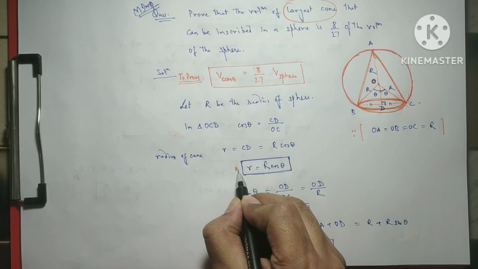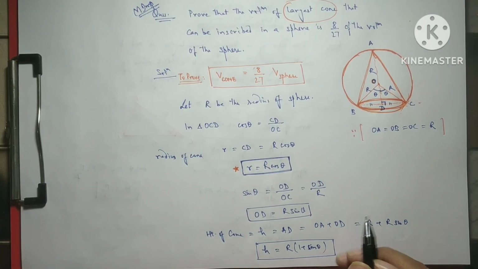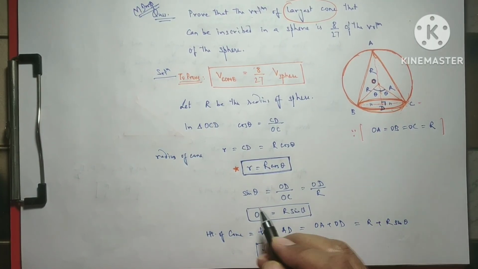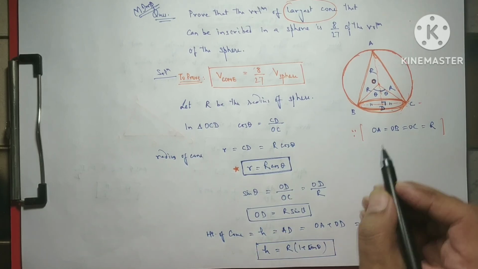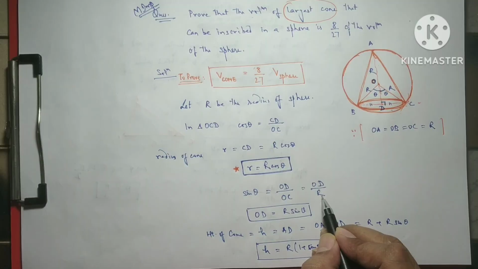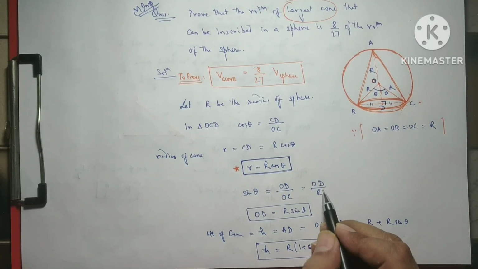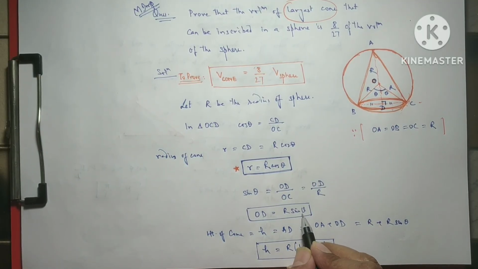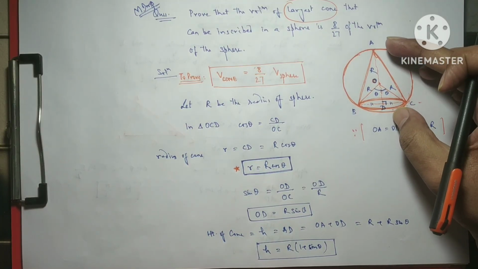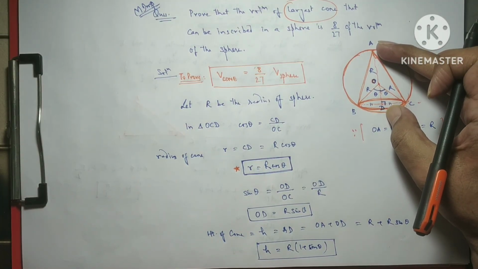So first we have one parameter of the cone, that is its radius. Now we go for sin theta. So sin theta is perpendicular over hypotenuse, so OD over OC, again OC is R, so OD is R sin theta. OD is this part, and we have to find the height of the cone, so AD.